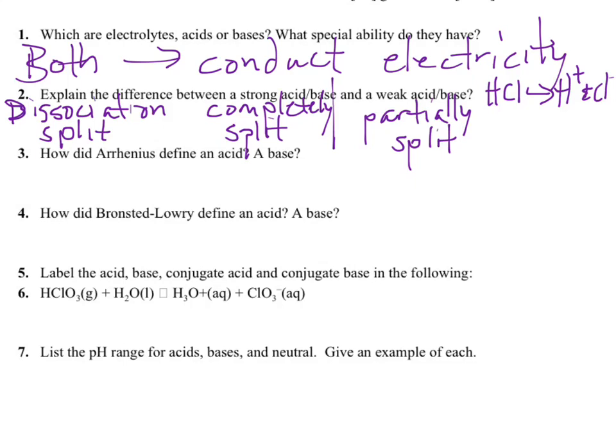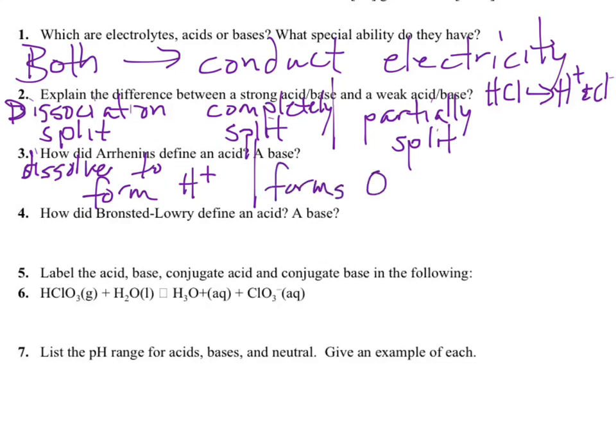Okay. Now, 3, how did Arrhenius define acid and base? So acids, he said, essentially dissociate or dissolve or split to form H plus, or hydrogen ions. A base, on the other hand, forms hydroxide ions. So the Arrhenius definition is all about ions, whether it's forming H plus or OH minus.